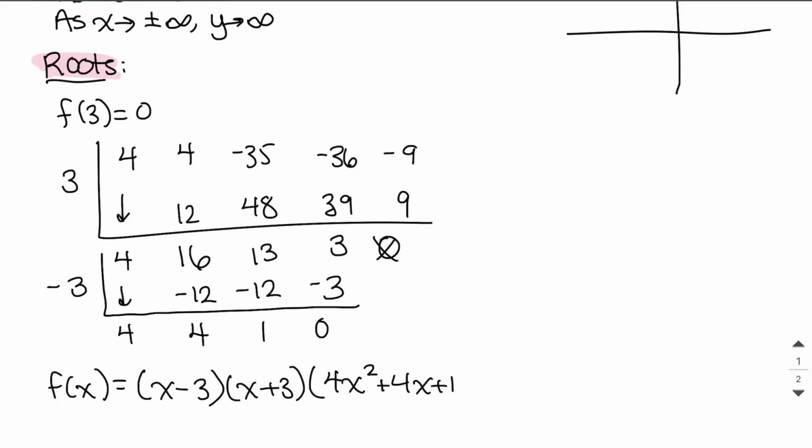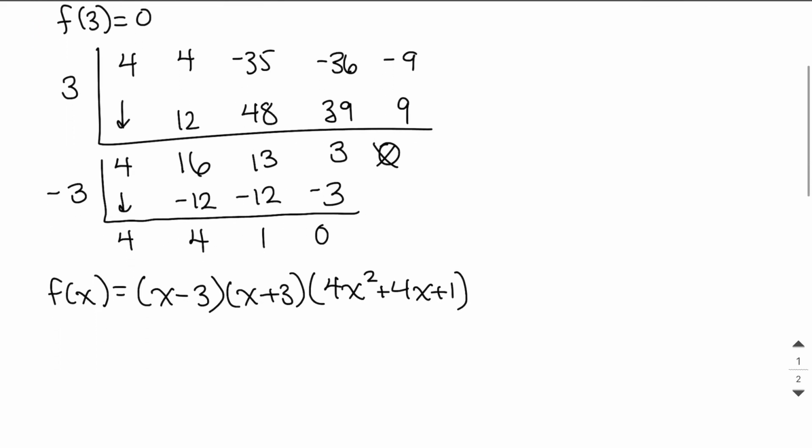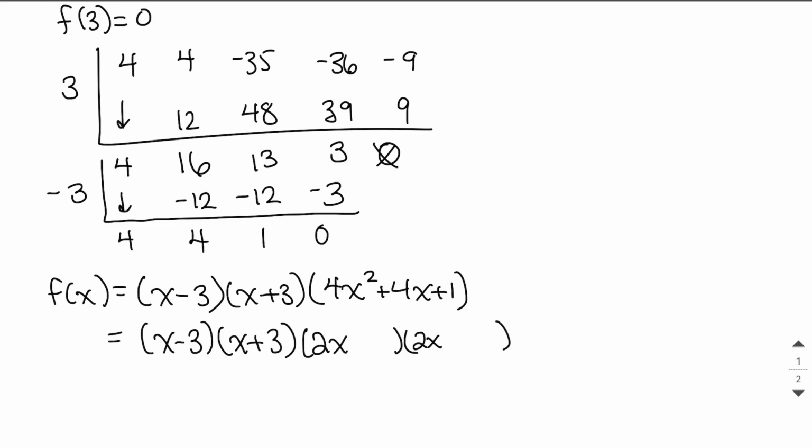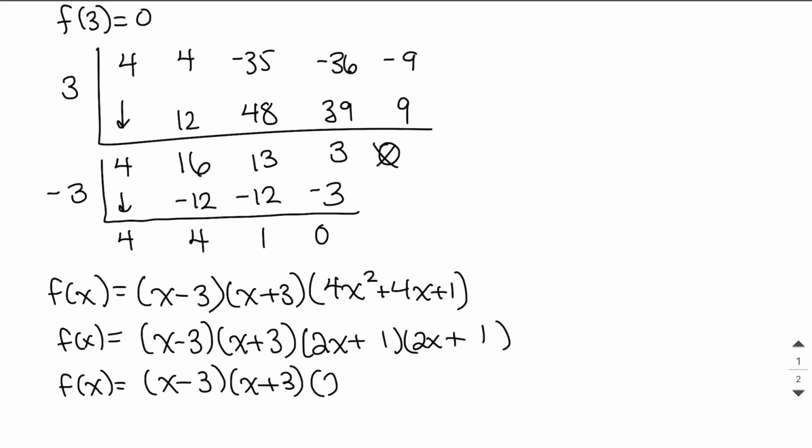I'm going to go ahead and factor this a little bit further. So this becomes x minus 3 times x plus 3 times 2x and 2x. I know that they have to multiply together to give me 1, so I'll use 1 and 1, a plus and a plus. So that's what f of x is, but I'm going to rewrite this as x minus 3 times x plus 3 times the quantity 2x plus 1 squared.